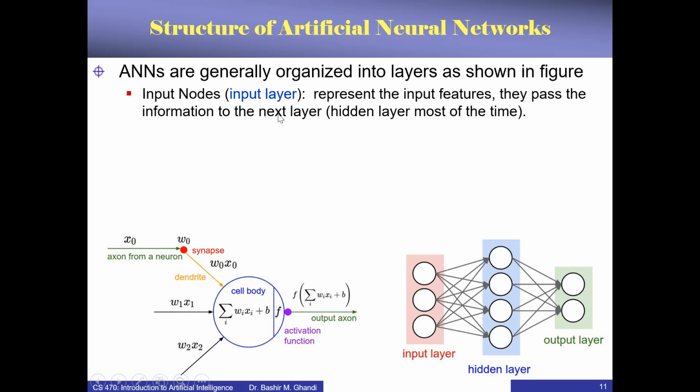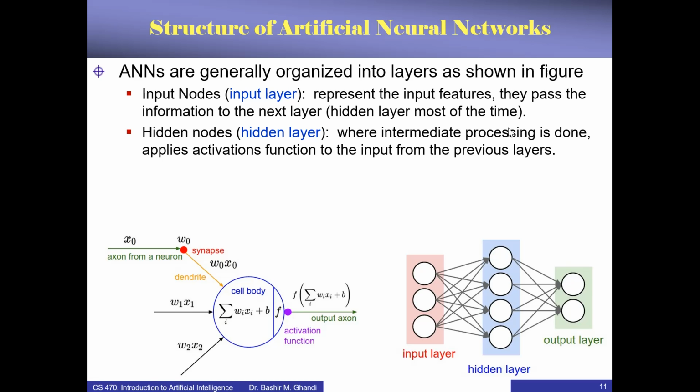Okay, they pass the information to the next layer, which is the hidden layer most of the time. But sometimes, as we shall see in the simplest type of network, the information may be transmitted directly from input layer to output layer. So we may have hidden nodes, or what is called the hidden layer.